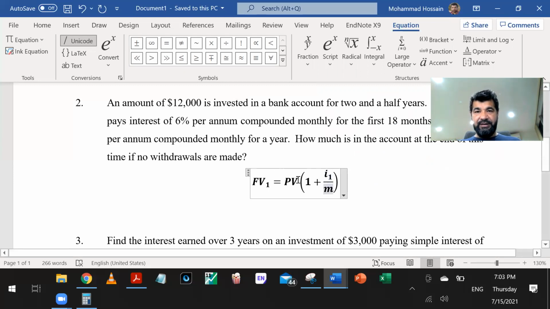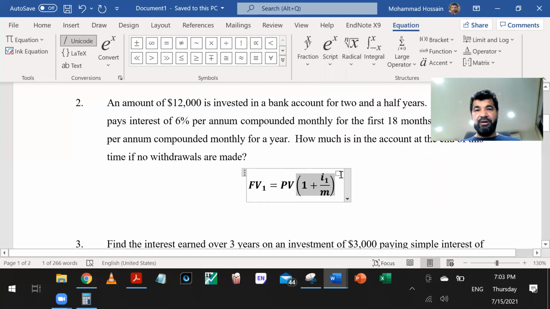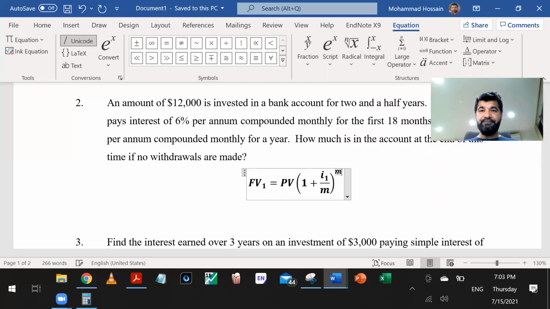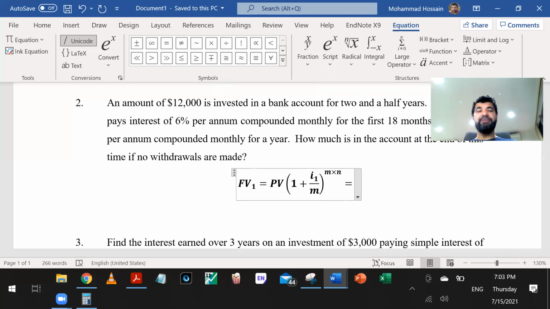And this whole thing will have a power of m multiplied by n. Okay, that's our formula.